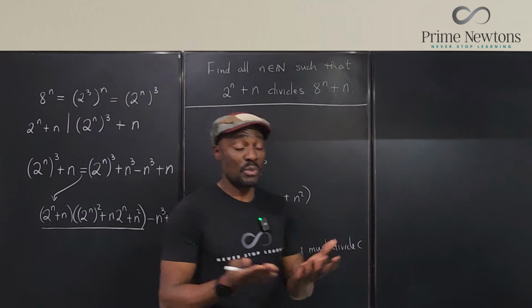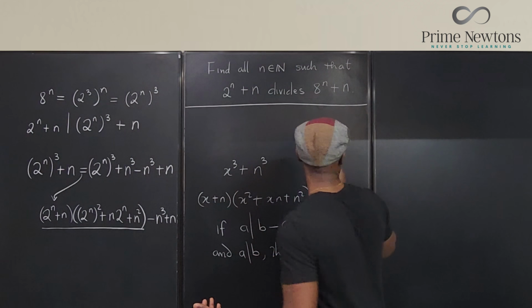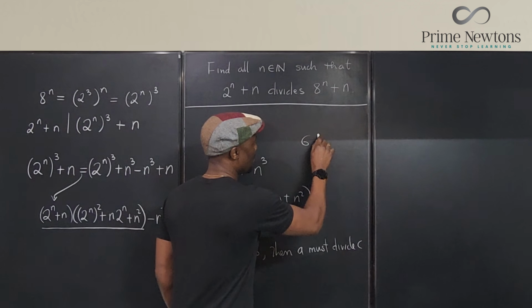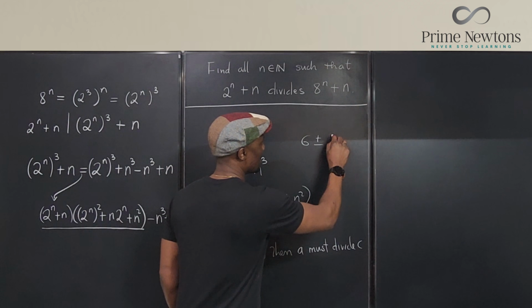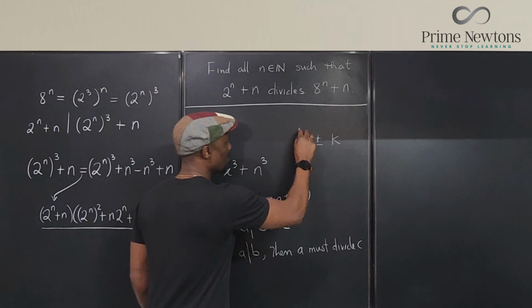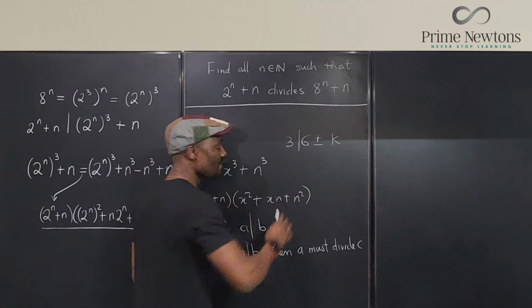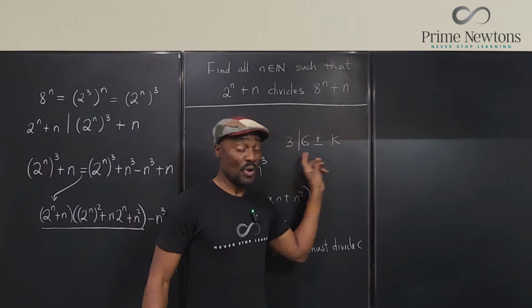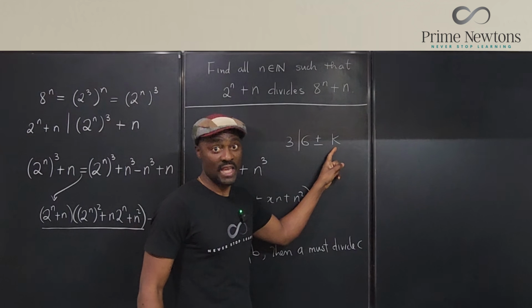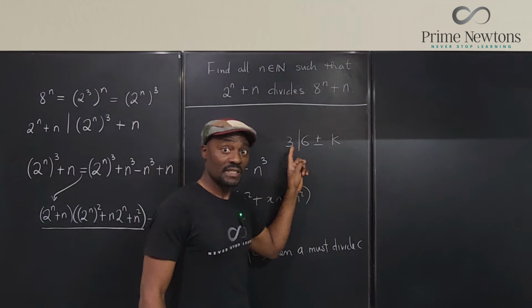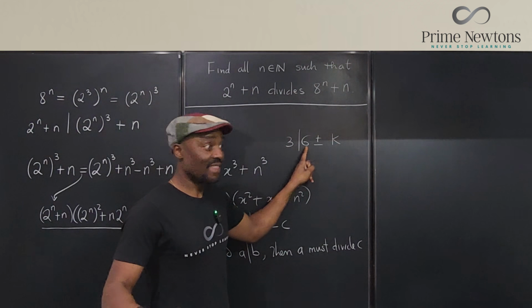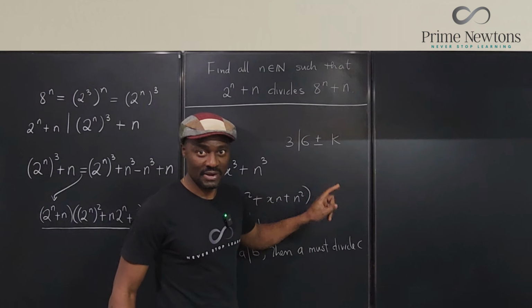So if you have two numbers, you add or subtract. For example, if you have 6 plus or minus something, let's say k, and you want to divide it by 3. If we already know that 3 will divide this number, whatever number you generate, we don't know what k is, but if we know 3 will divide 6 plus a number, and clearly we know 3 divides 6, then that number we don't know, 3 must divide it.